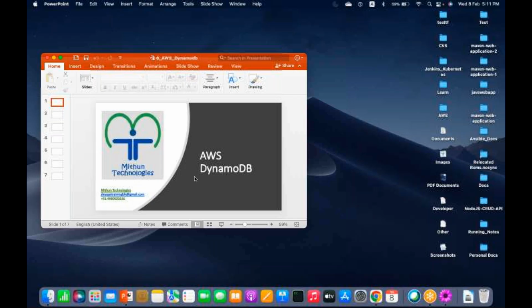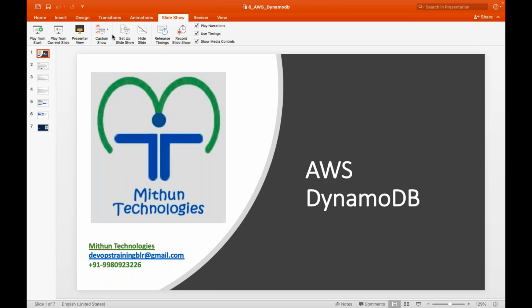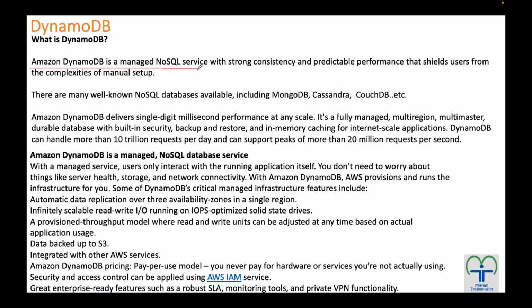We'll try to understand what DynamoDB is. DynamoDB is a managed NoSQL database. We already discussed SQL and NoSQL databases. With SQL, RDBMS, the data is maintained in a tabular format with columns, and there are primary keys, foreign keys, and relationships.